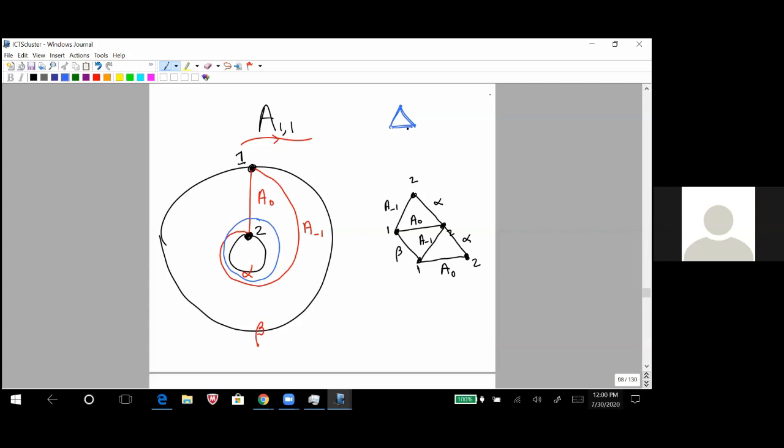Okay, so this notion of calculating G vectors, for any old cluster algebra, I gave you a definition last time of G vector purely in the following way.